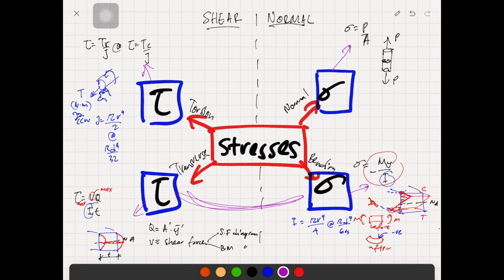Bending stress and transverse shear are equal in terms of the magnitude of the stress, but the nature of the stress itself is pretty much different.